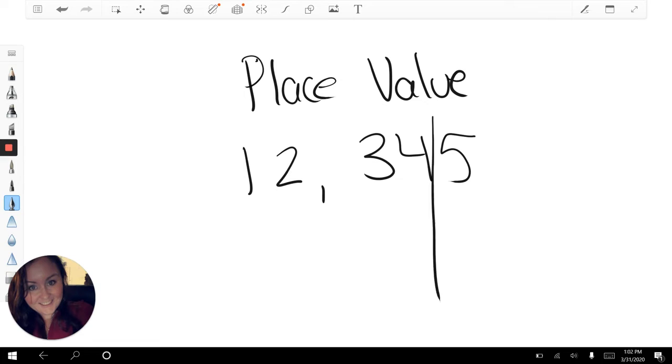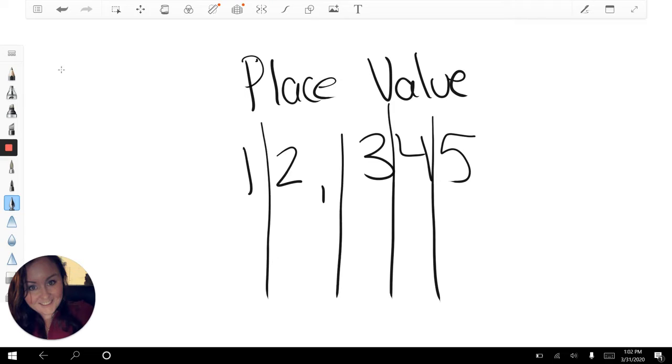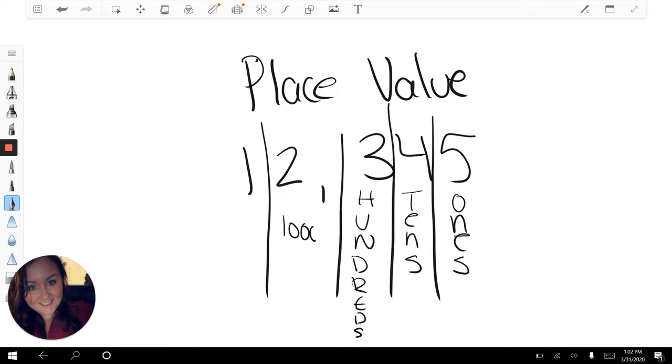Each of these digits has a different value. The 5 represents the ones column. The 4 represents the tens. The 3 represents the hundreds. And then we have the thousands and the 10,000s. Running out of room. Okay.